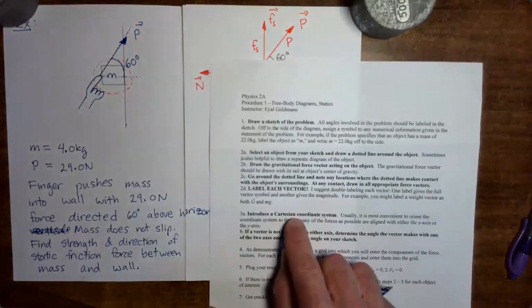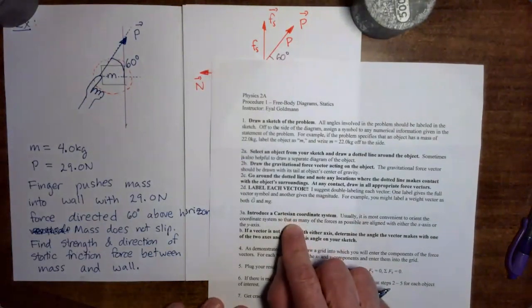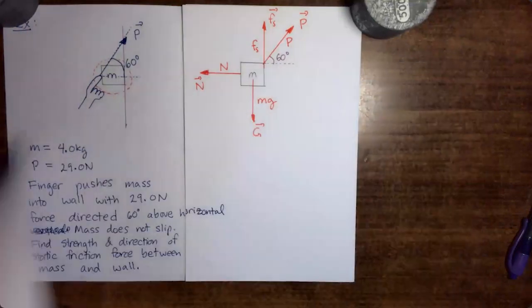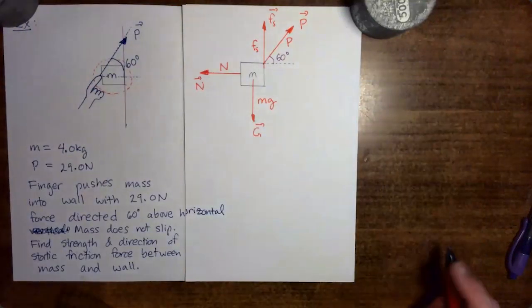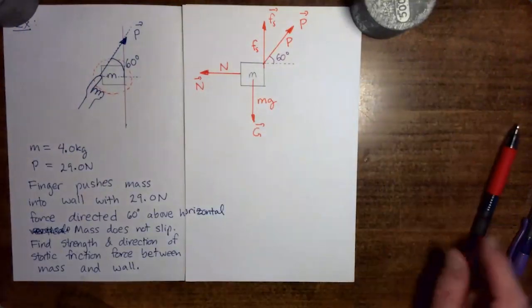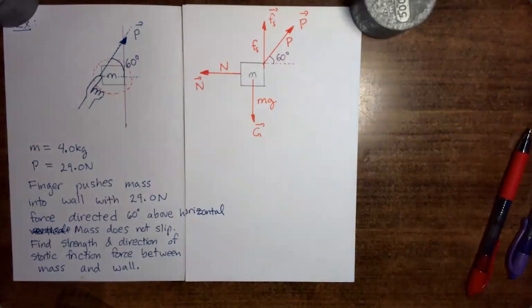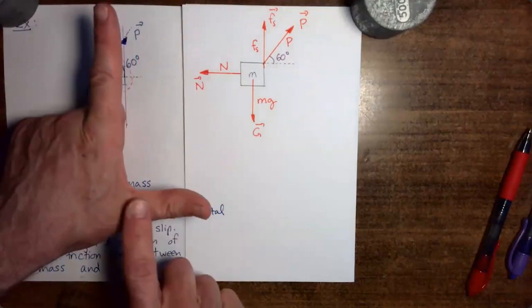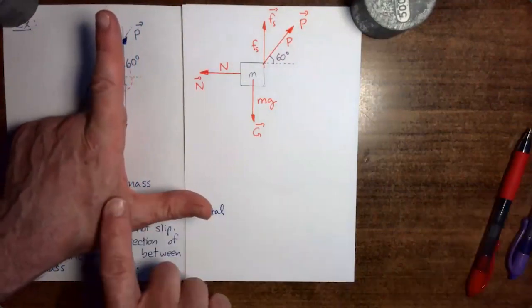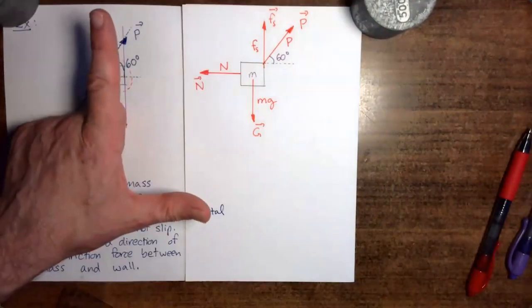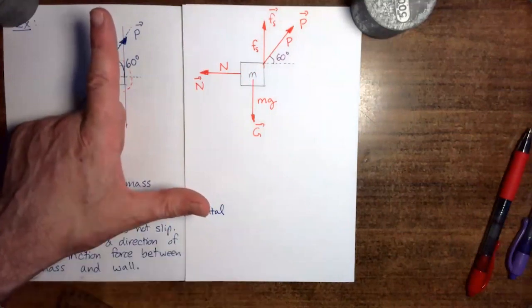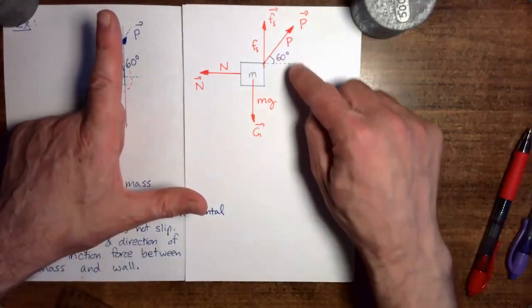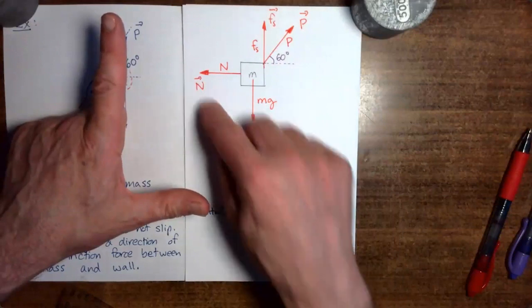So step 3 says introduce a Cartesian coordinate system. And remember, we want to introduce Cartesian axes that align with as many of the vectors as possible. Now here, can you see that if I use standard orientation with the x-axis pointing right and the y-axis pointing up, then my axes align with 3 of the 4 vectors: static friction, gravity, and normal force.